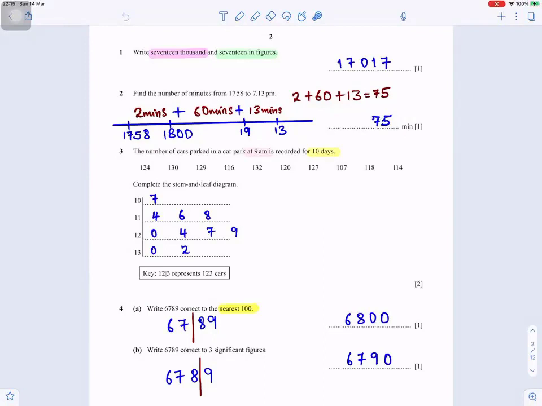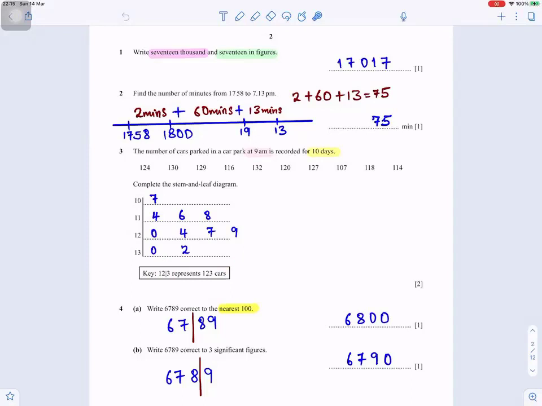Question number 3, the number of cars parked in a car park at 9 a.m. is recorded for 10 days. Complete the stem and leaf diagram. The stem goes 10, 11, 12, 13. And they've given you the key there. 12, 3 represents 123.